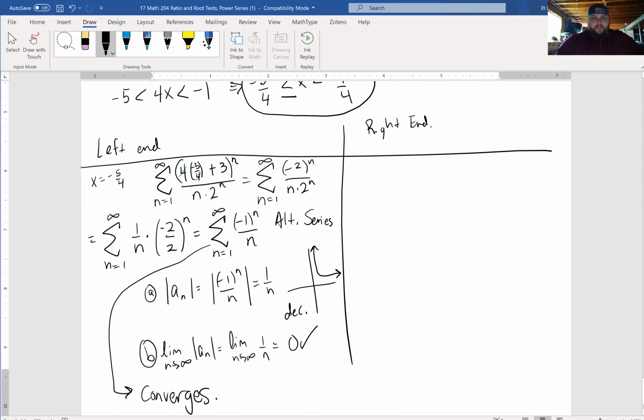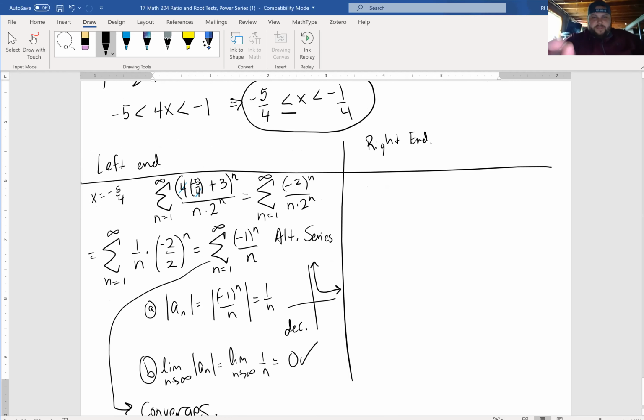Then I go to my right endpoint, which is x equals -1/4. And I plug it into the original problem. Again, the 4's cancel.